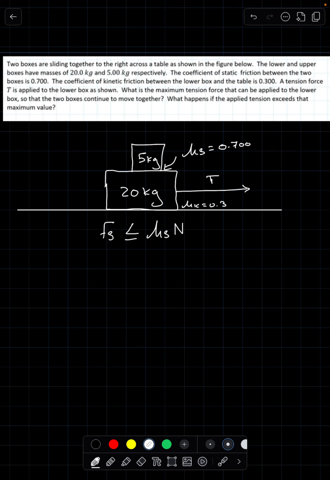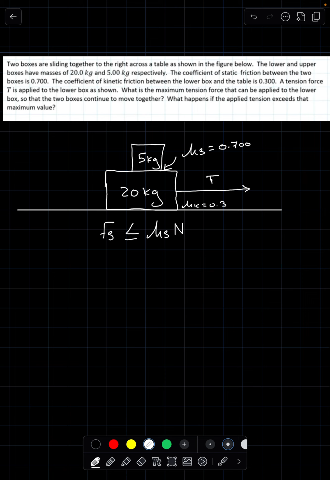Because if the force being applied is greater than the static friction, then they will stop moving together and they'll slip, and the bottom one will keep moving further.